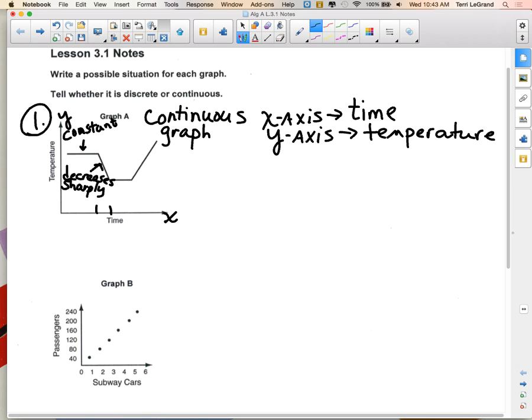Okay. And then we have our region right here. What's happening in that one? Constant again. And then our last region, it's doing what? Going up. It's increasing. Okay, so yeah, it's going up. It increases.